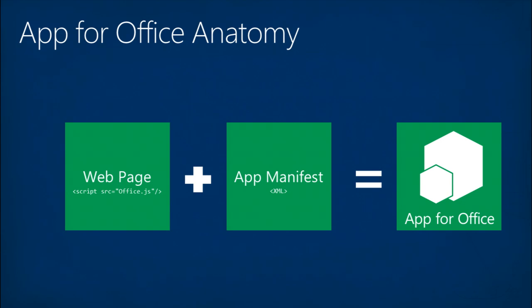Currently, we don't have a TypeScript reference for the Office object model for JavaScript yet, but we will be creating one down the road, so you can go ahead and leverage that and get full IntelliSense capabilities within TypeScript.